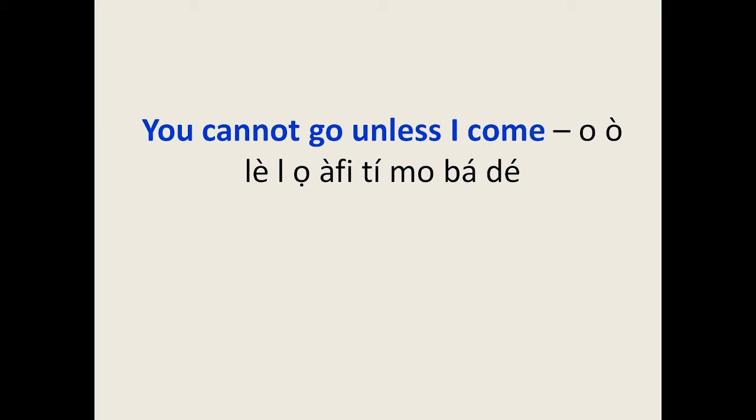Unless is the expression, two words, àfi tí, unless I come, or let's say unless I have come, something like that, that's what we mean here. So o lè lọ àfi tí mo bá dé, or àfi tí mo bá ti dé. Don't get yourself so worked up on that. I'm just giving you examples to broaden what you know, but just understand what the subject is, right? Okay.